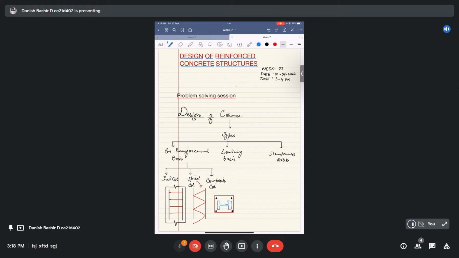This is also a type of column used. It's known as a composite column, where there is a steel section inside the main reinforcement. This is the outer concrete.